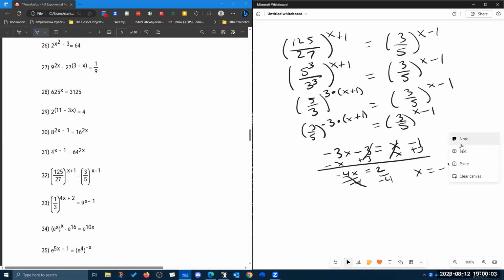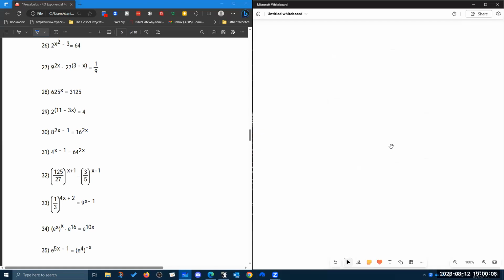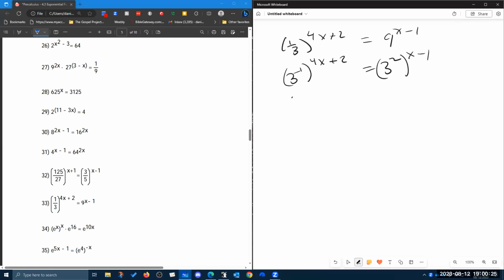That was 32. Now let's look at 33. 1/3 to the 4x plus 2 equals 9 to the x minus 1. This is 3 to the negative first raised to the 4x plus 2 equals 3 to the second raised to the x minus 1. 3 to the negative 4x minus 2 is equal to 3 to the 2x minus 2.